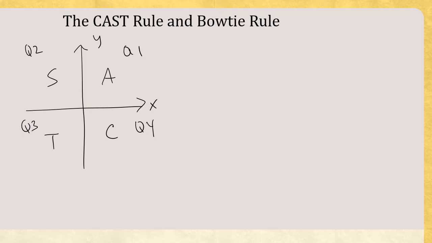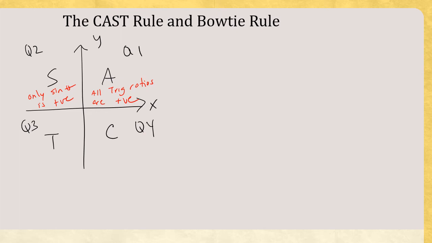Well, any angle in standard position that ends up in quadrant 1 where it says A, the A stands for all. So all trig ratios are positive. If we end up in quadrant 2 with our terminal arm, only sine theta is positive.